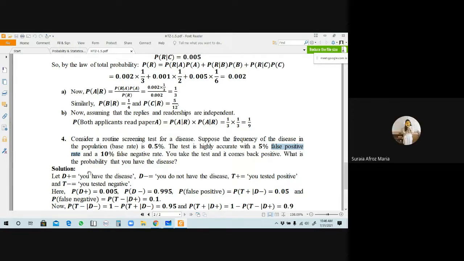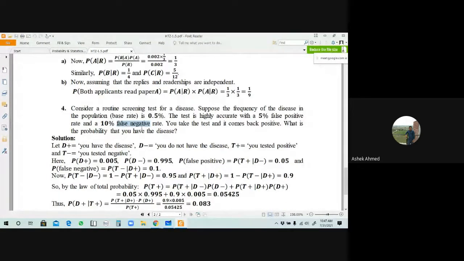Yes, sir. Okay, and next is 10% false negative. What do you mean by this? This represents there was a symptom, but after testing the test is negative. Is it right?